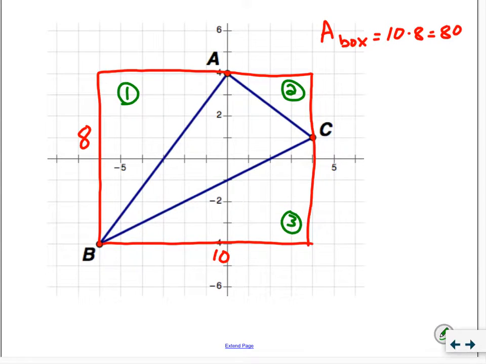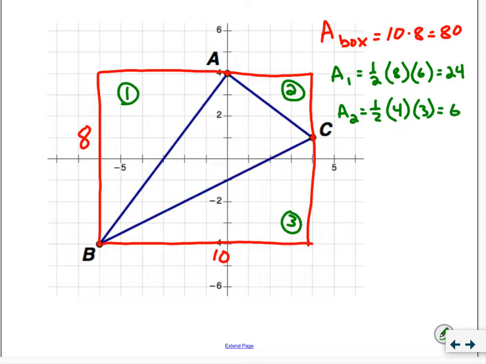I should get my leftover area, the area of triangle ABC. So the area of part 1, it's a triangle. I know one side is 8, the other side is 1, 2, 3, 4, 5, 6. So it's 1/2 of 8 times 6, and that's 24. You find the area of regions 2 and 3. Region 2, it looks like it's a 4 by 3. So that area is 6.